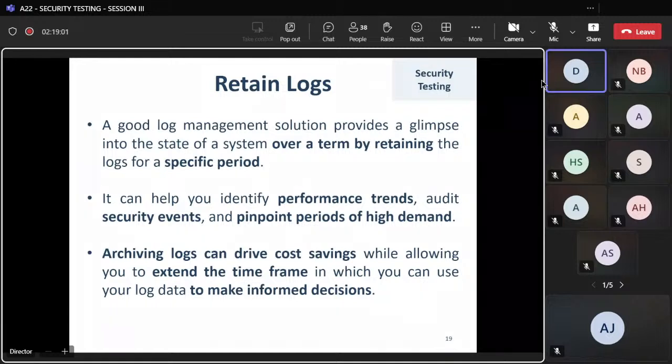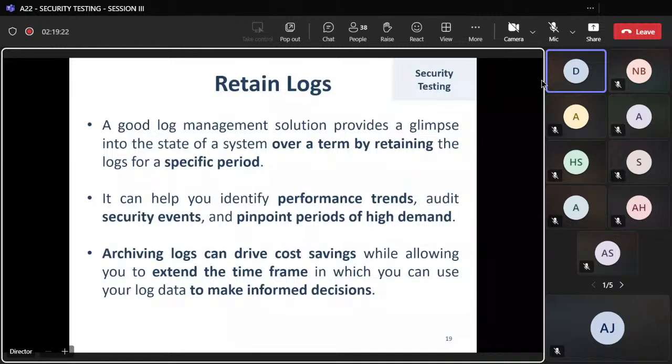Also, you need to identify the performance trends, various security events, and pinpoint the high demand for these logs. And archiving logs can drive cost savings, which will allow you to extend the time frame in which you can use the log data to make informed decisions.